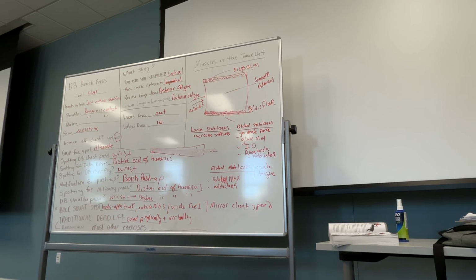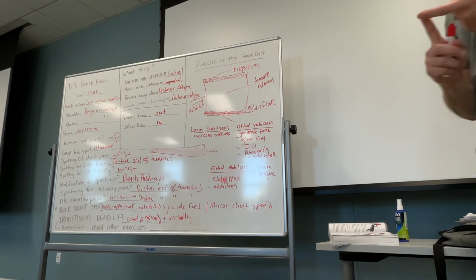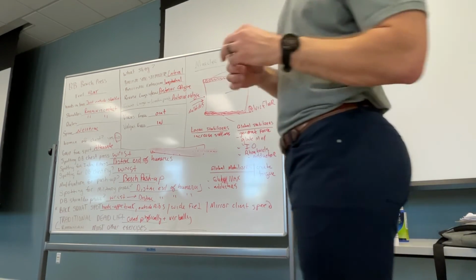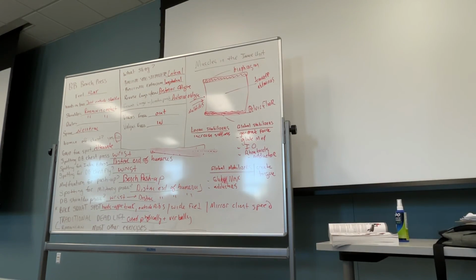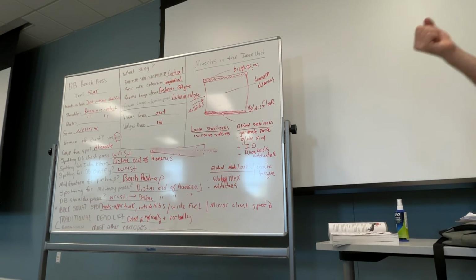Then we're going to set up probably 3 or 4 stations, probably a power station, and then 3 strength stations with lower, upper, and core movements. We probably won't be able to do any conditioning because we don't have enough bikes for everybody, so we'll probably just close after strength. We'll see you all on Thursday for our workout. Make sure that you come prepared to work out.